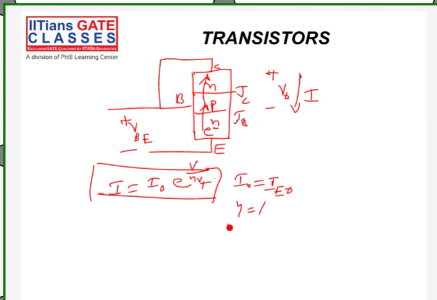Now I can be written as IEO e to the power VBE divided by Vt, because we have taken eta as 1.